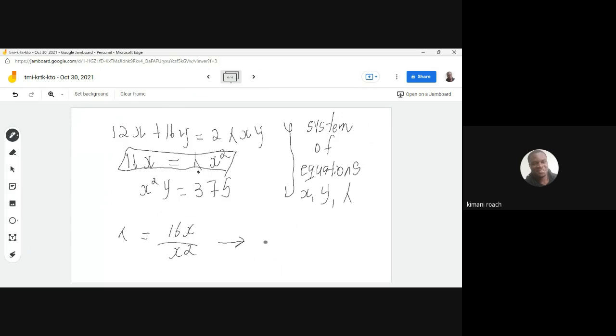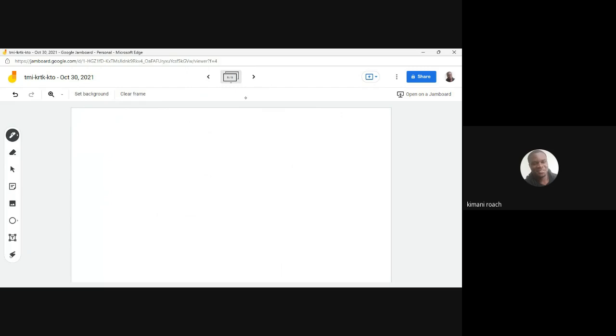Hence lambda is equal to 16 divided by x. Right? So I'm going to take the value of lambda and substitute it in my first equation.